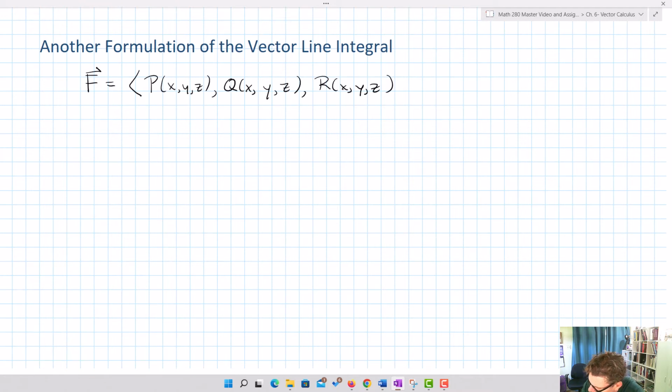In 2 dimensions we had it written as just P and Q, so P of x, y and Q of x, y. And so we actually formulated it that way.